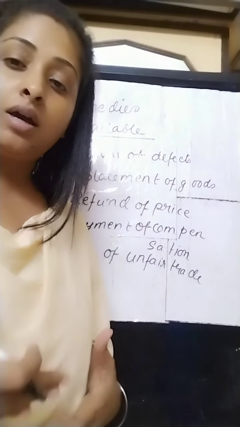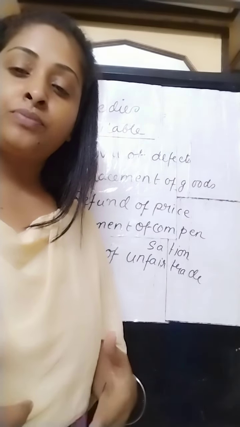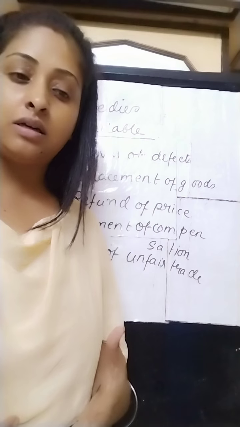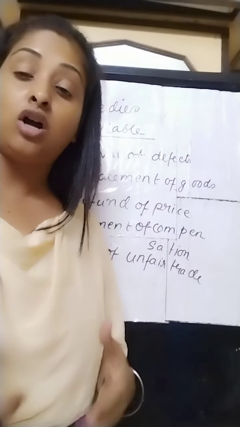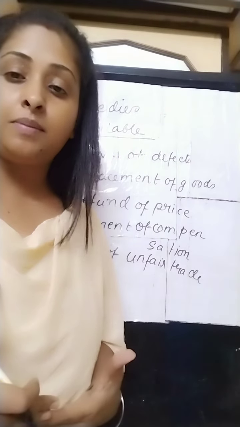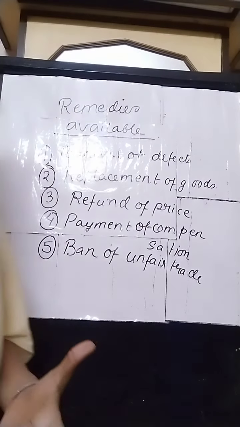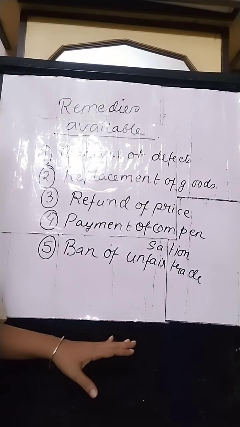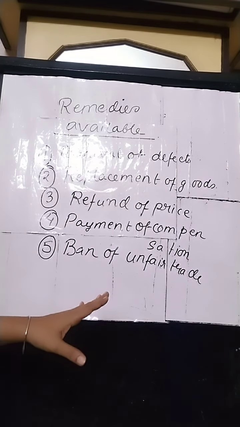The seller should immediately stop the production, because it should be banned by the authority. Ban means it should be boycotted by society and prohibited for use by the consumer. Banning means this, with immediate effect. So ban is another remedy.